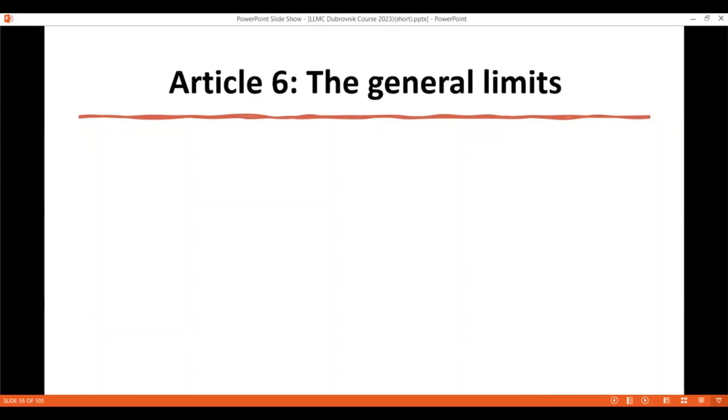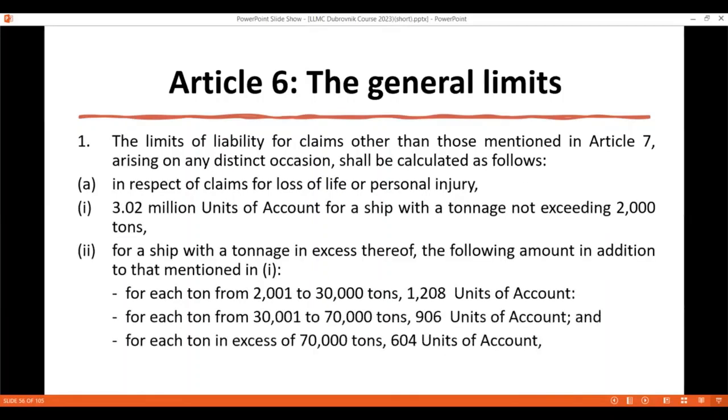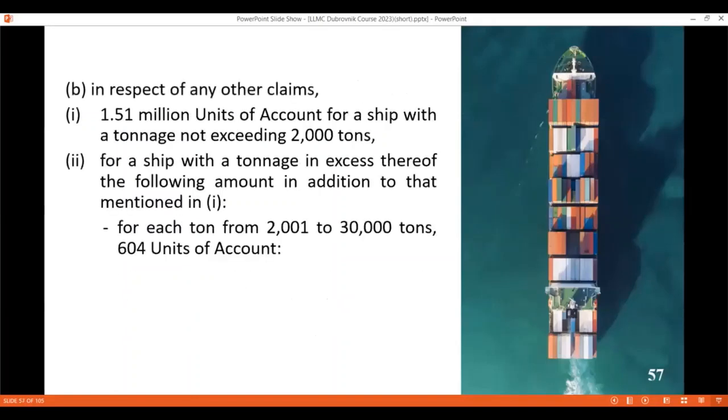Let me give you just an example here. If you see, in respect of the first 2,000 tons is 3.02 million, but then for the first tier is 1,208 per ton, the second tier 906, the third tier 604. The more tons the ship has, the lower it pays per ton. So there are different limits of liabilities.